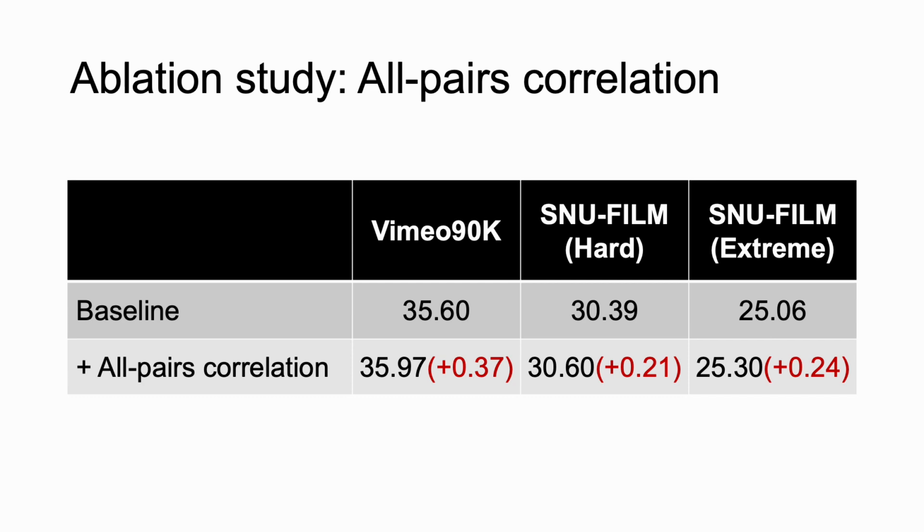Let's first look at some ablation results. We first ablate the all-pairs correlation in our AMT. The network equipped with all-pairs correlation has a stronger ability in large motion modeling. As a result, the performance surges, especially in large motion cases.